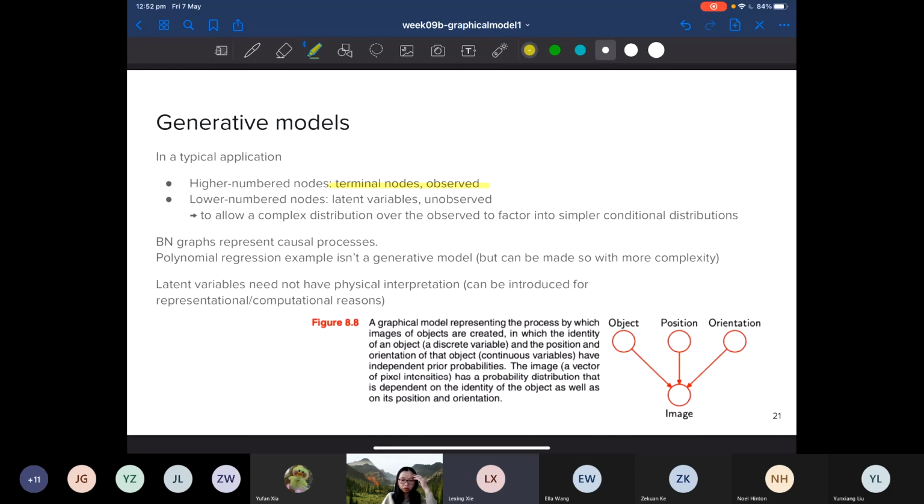The lower-numbered nodes are latent variables. We can probably hypothesize about their prior distribution better because they tend to be simpler. But the trick here is to infer from observed nodes. Such as here, the image is observed, right? But if we're dealing with computer vision, then the object and its position and orientation are unobserved. It is what we desire to infer, right?